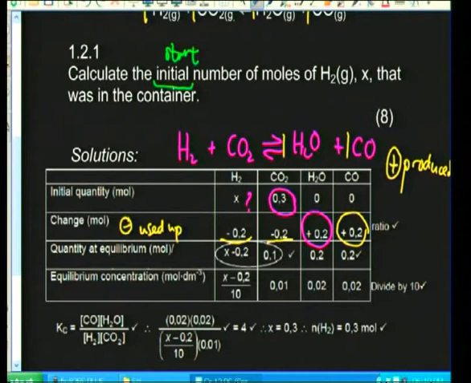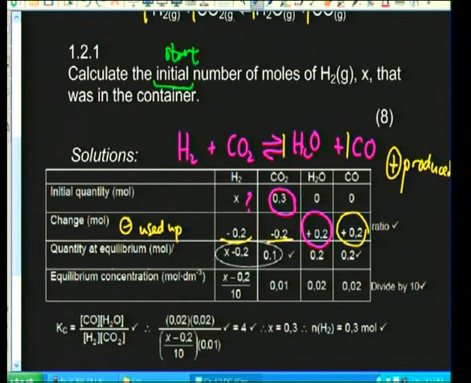Now we're looking at the quantity that is now measured at equilibrium. So obviously I was told 0.2 moles was at equilibrium for the water. Similarly, there must be 0.2 moles of carbon monoxide. But remember I said these bits on the left-hand side have been used up because they're reactants.